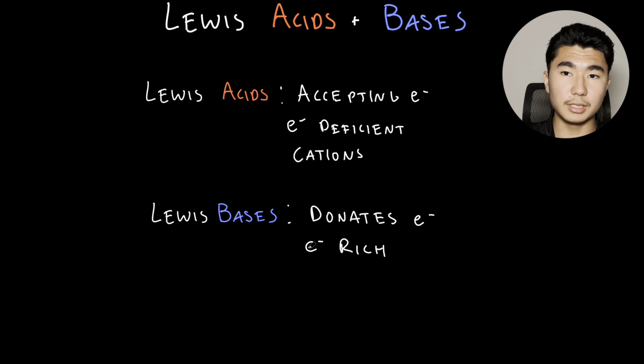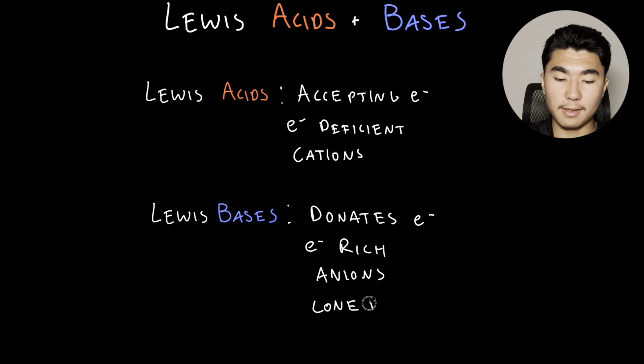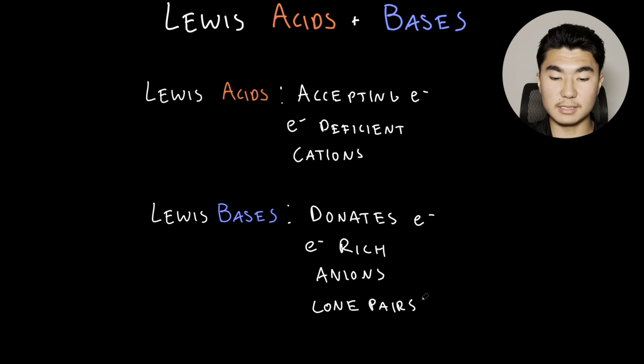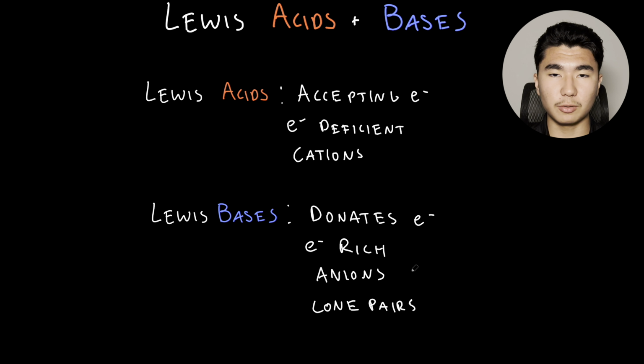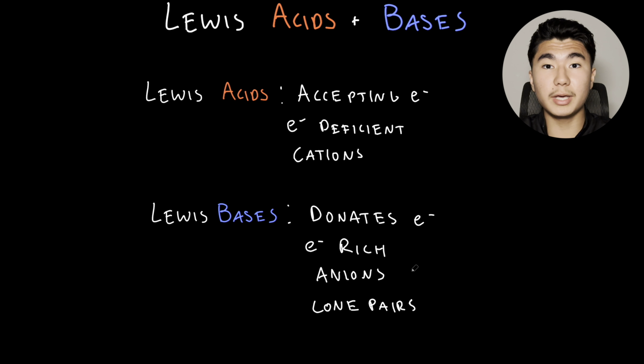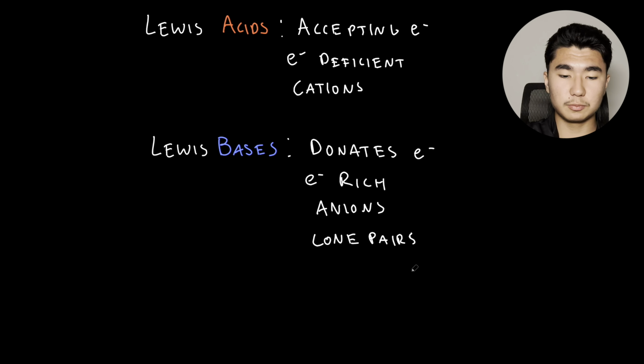And these are usually going to be anions, or they're going to have lone pairs. This is actually one of the biggest ways you can see if something is a Lewis base: if it has lone pairs, then it's pretty much electron rich, and it can share or donate some electrons. So knowing that definition, now let's look at an example illustrating which one is the Lewis acid and which one is the Lewis base.